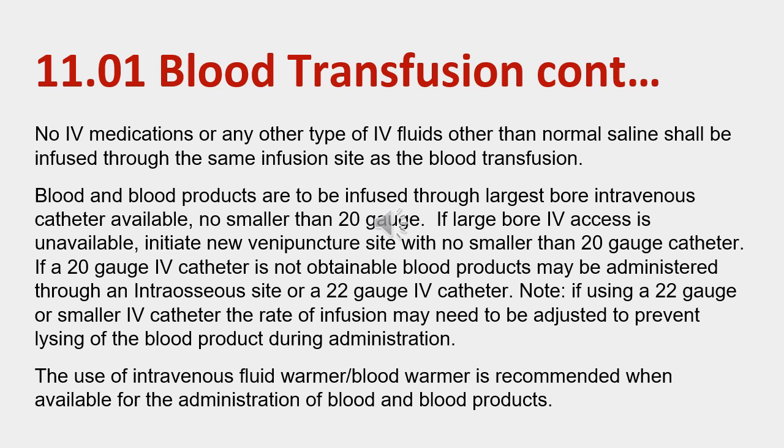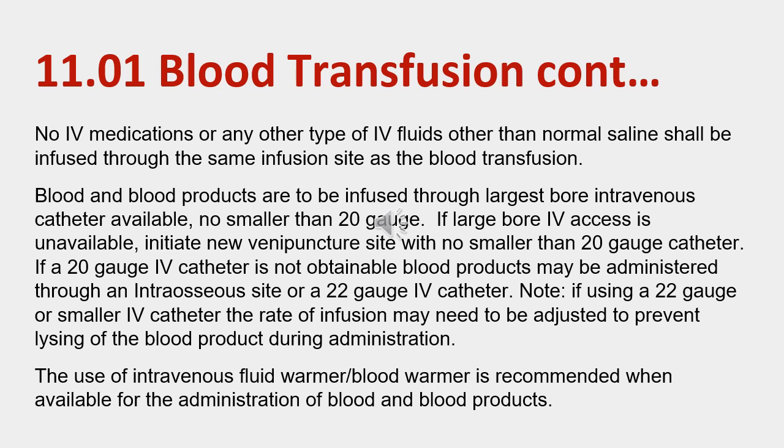And again, only blood tubing is used to administer blood products. The blood tubing cannot be used to administer any other fluid or any other medications. Blood products are to be infused through the largest bore IV catheter available, preferably no smaller than a 20 gauge. If a large bore IV access is not available, initiate a new IV access with, again, preferably no smaller than a 20 gauge.